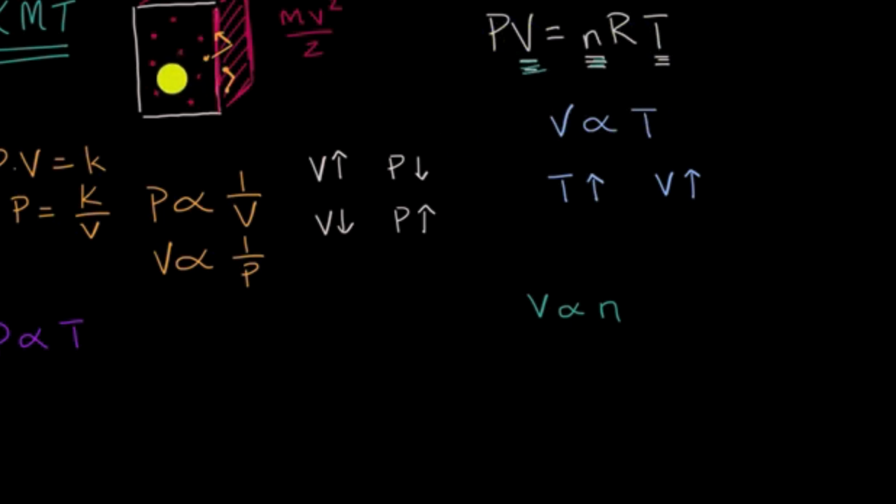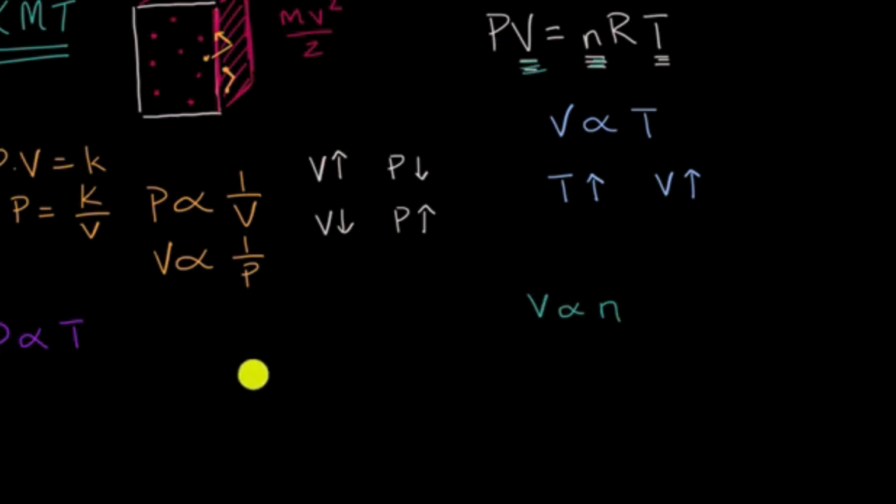If I were to double the number of particles here, but I don't want to change the pressure or the temperature, it makes sense that I would have to double the volume. Likewise, if I wanted to double the volume here, and I didn't want to change the pressure or the temperature, I would have to put twice as many particles in there, so I still have a sufficient number of collisions of the particles with the sides of the container so that I have the sufficient pressure. And this notion is called Avogadro's law.